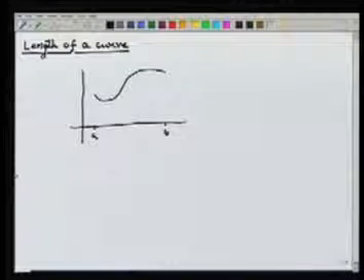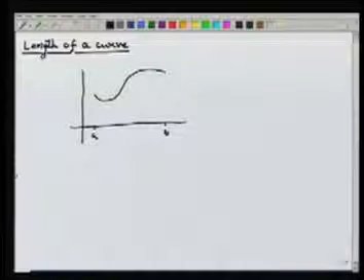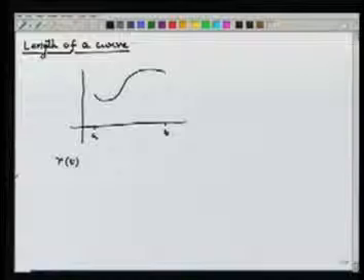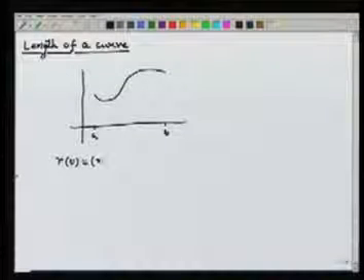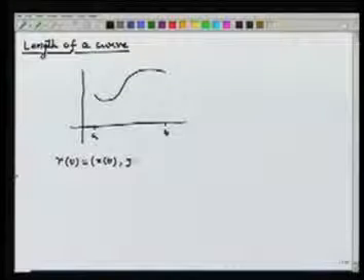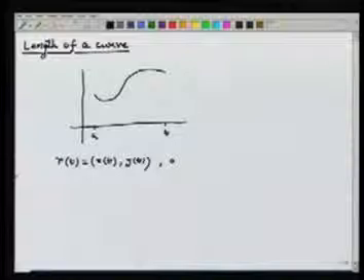Now I can view this curve as a parametric equation. Let us say r(t) equals (x(t), y(t)), where t is the parameter. It ranges in between a and b.